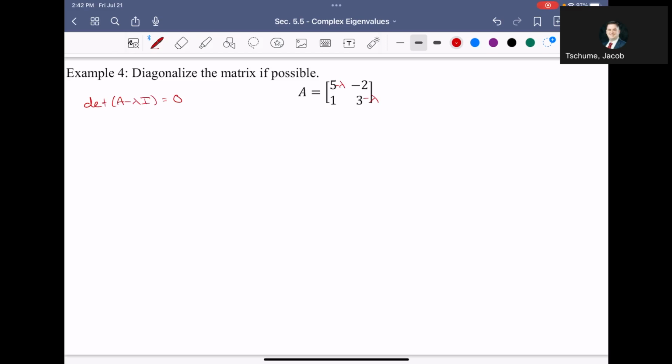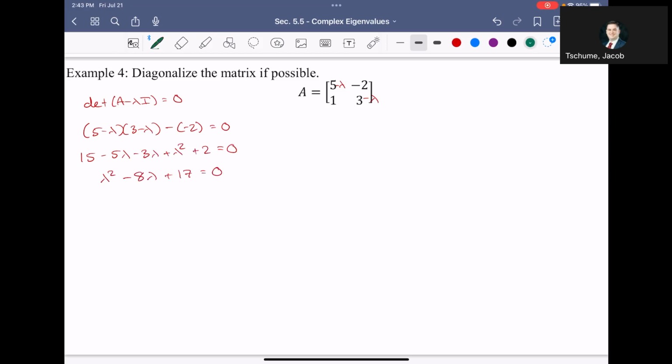So the determinant is going to end up being 5 minus lambda times 3 minus lambda minus a -2 is equal to 0. This becomes 15 minus 5 lambda minus 3 lambda plus lambda squared plus 2 is 0. And then this can be rewritten as lambda squared minus 8 lambda plus 17 is 0.